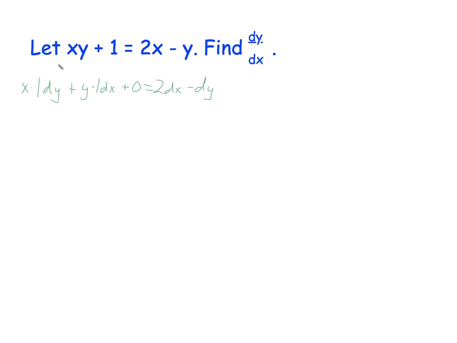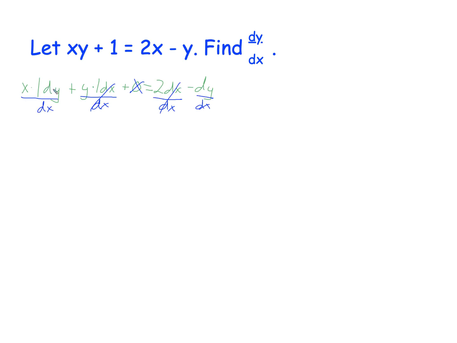So there we differentiated both sides or each term. And now what we want to do is divide by the differential we're looking for. So we're going to divide both sides by dx. So divide everything by dx. Don't really need to work with this 0 here because it's nothing. And so when we do that, dx's cancel here, and they cancel here. And now we want to solve for the desired derivative.